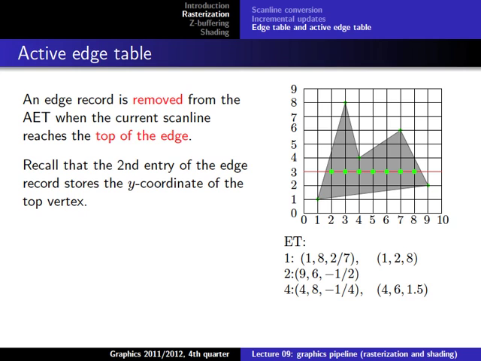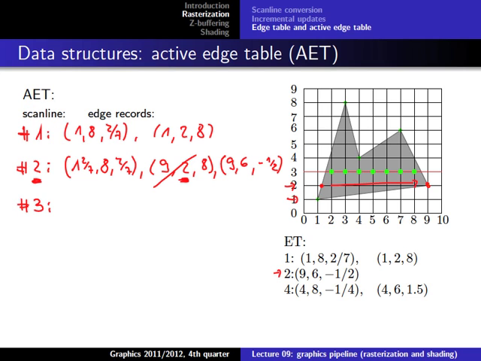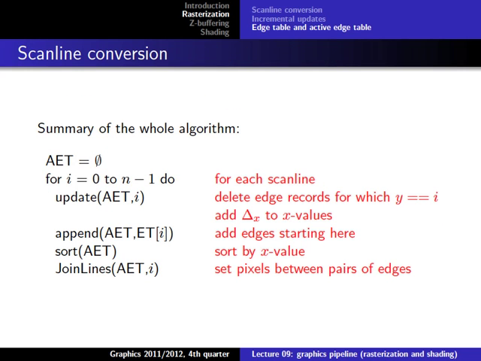Yeah, I already said that if we have this situation here that the y value is the same as the scanline index, that means that the scanline reached the end of this segment and then we remove it in the next step. So this is basically just the summary of this algorithm based on these two data structures.